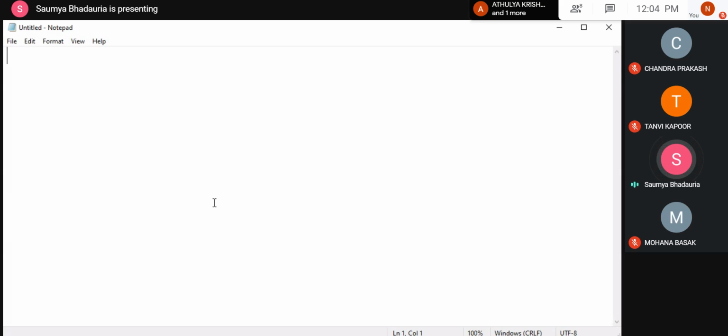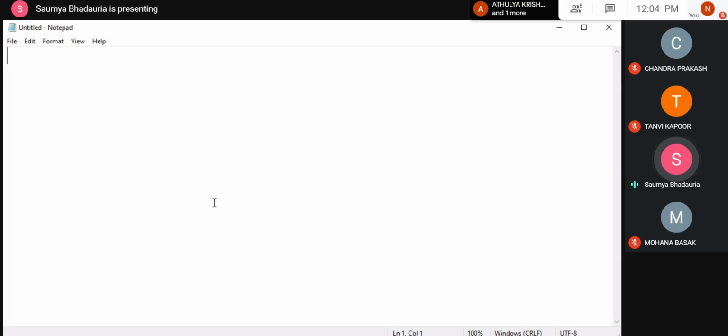So what we are doing in a buffer overflow attack is trying to find a particular location, probably a memory location, which can be used to find the address of that memory location.